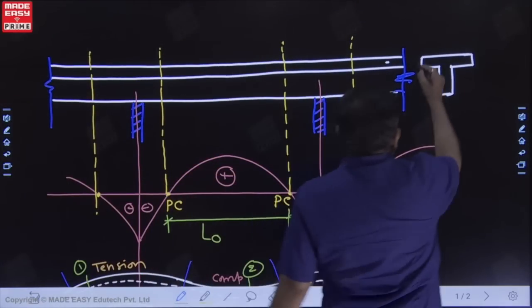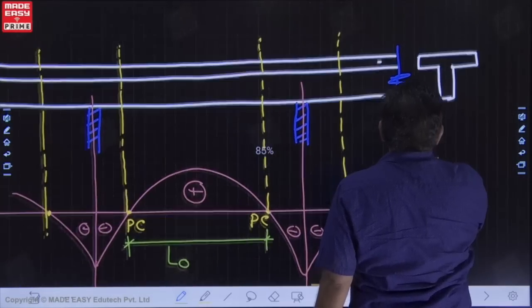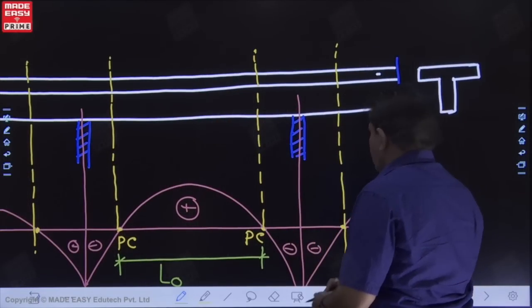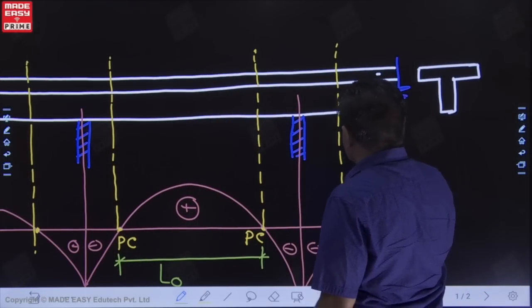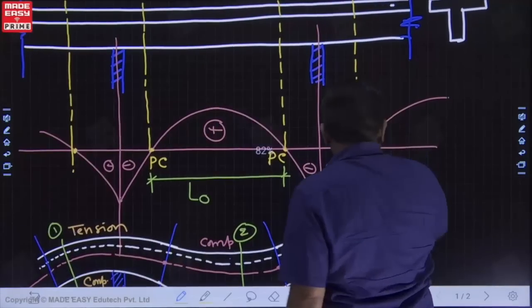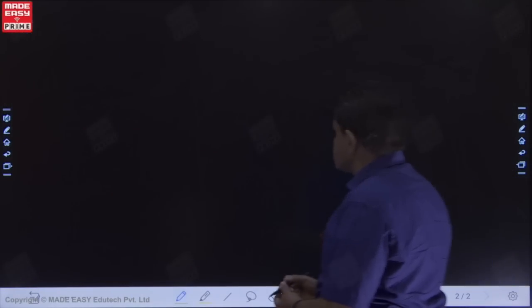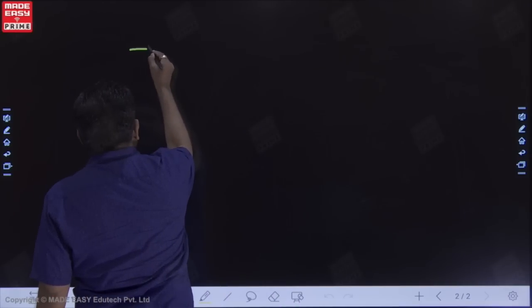In fact, if this is the T-beam, let me draw a bigger figure. Let me take another page, I will show you. Suppose this is the T-beam.